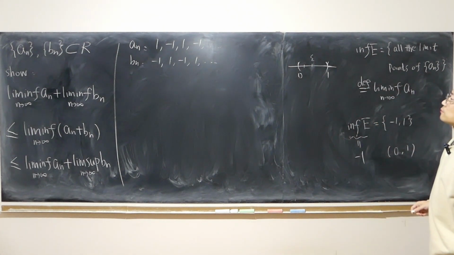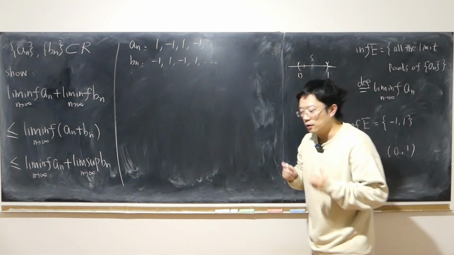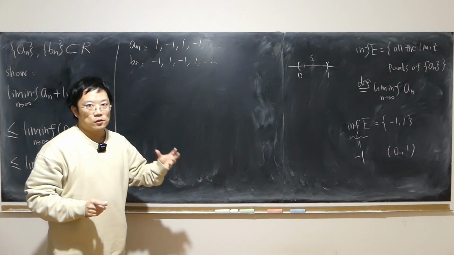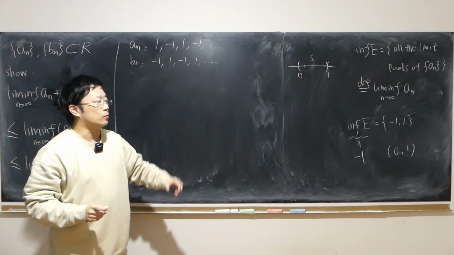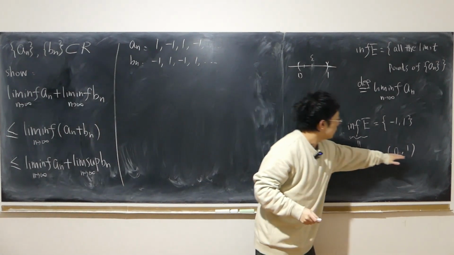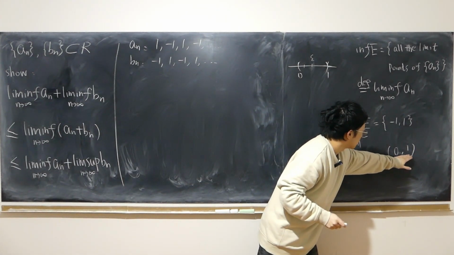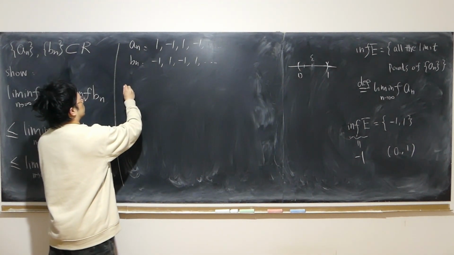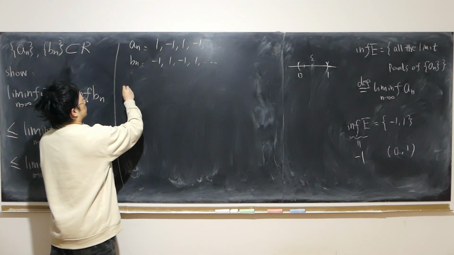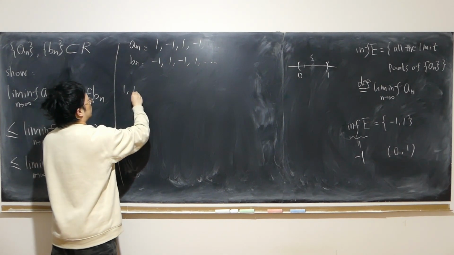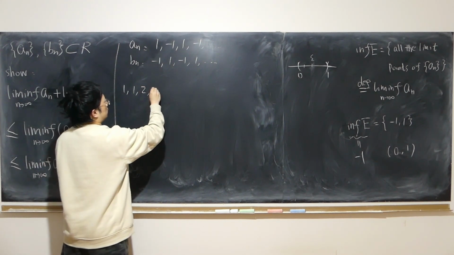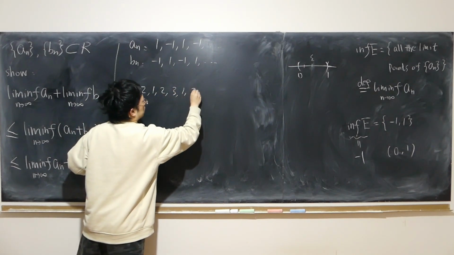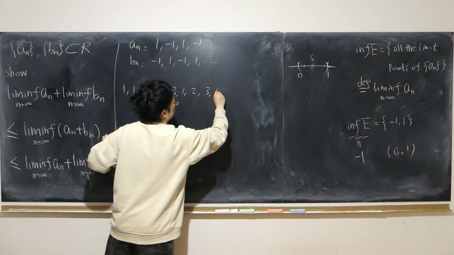So can I give you an example where a sequence is divergent and also has infinitely many limit points. For example, infinitely many elements in this set. Of course, I can give you, for example, the sequence of 1 followed by 1, 2, then 1, 2, 3, 1, 2, 3, 4.